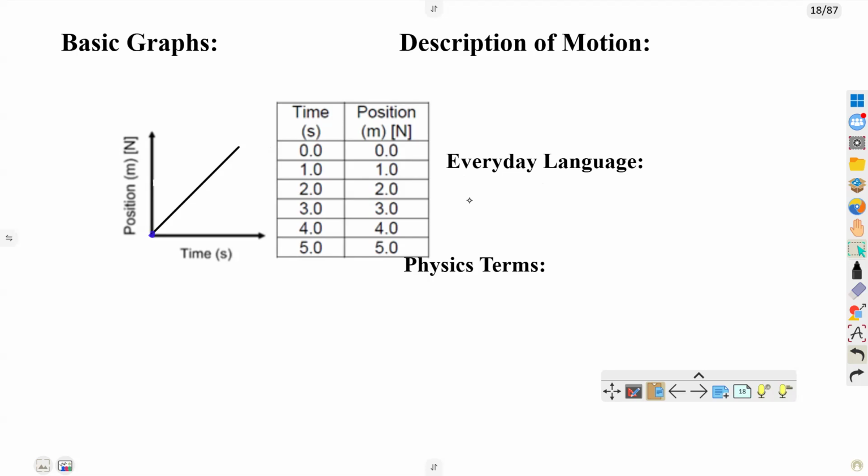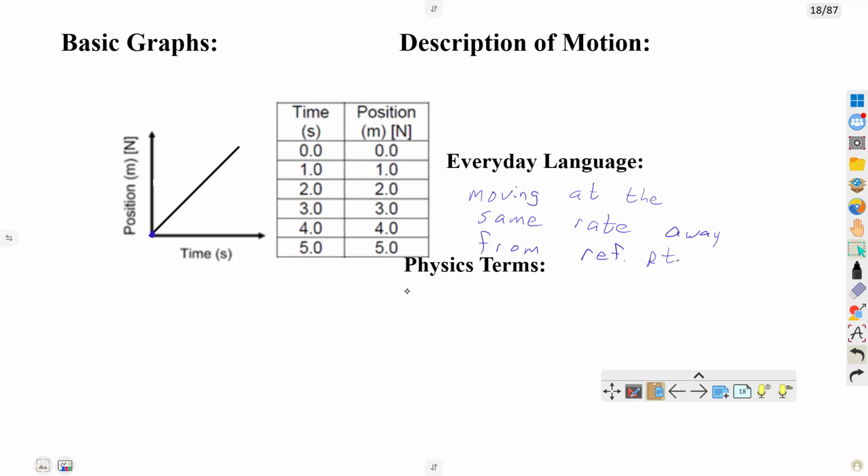So everyday language would mean that we are in motion, or we are moving at the same rate away from the reference point. Reference point, I'm just going to abbreviate as REF PT for reference point.